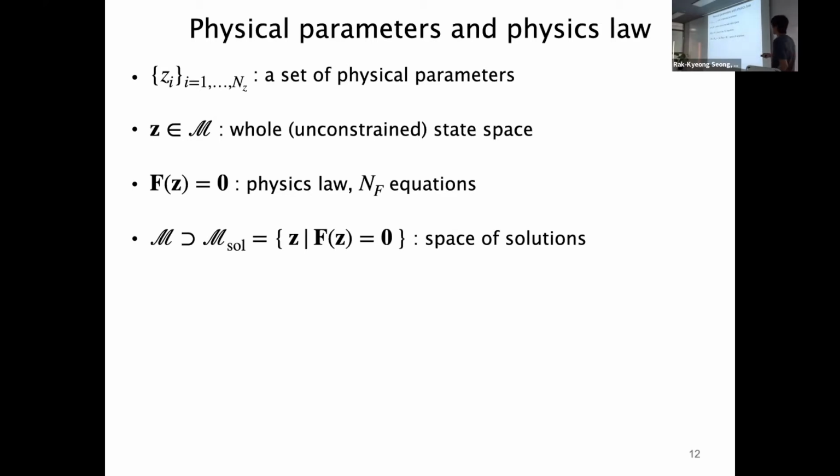We are going to assume that there are some non-trivial physics laws, expressed in terms of equations. We can consider the states that satisfy those physical conditions, and we can consider the space of physical solutions to be the set of states satisfying these constraints.